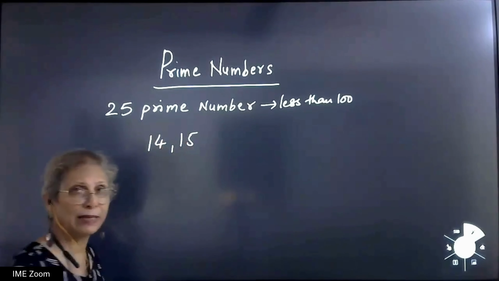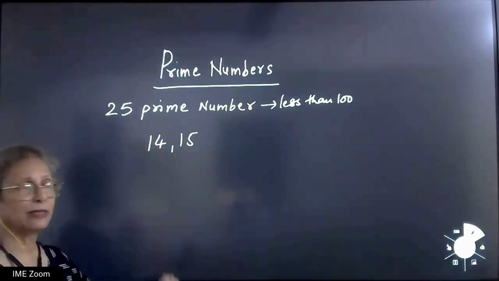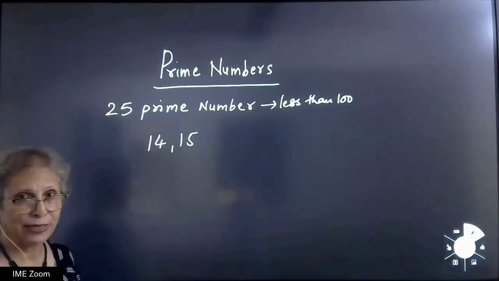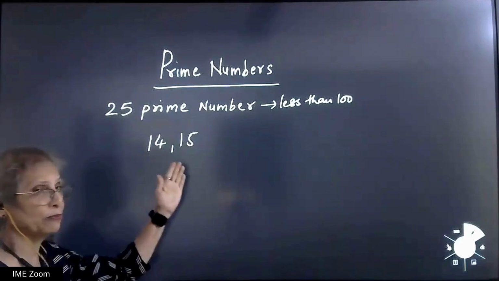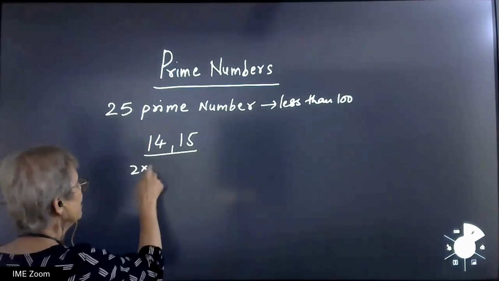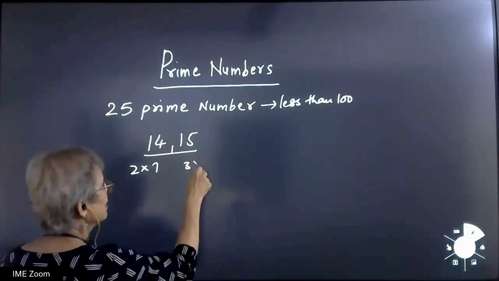Are 14, 15 prime? No. 14 is divisible by 2, 15 is divisible by 5. They have more than two factors, therefore they are not prime. But these two are co-prime because they do not have common factors. 14 has 2 and 7, this has 3 and 5. So no common divisor except 1. 1 is the common factor for all, right? And therefore they are co-prime.